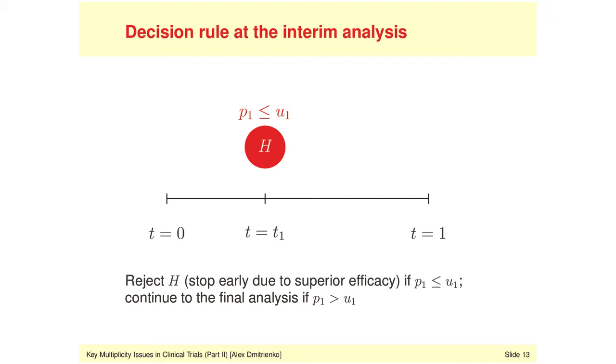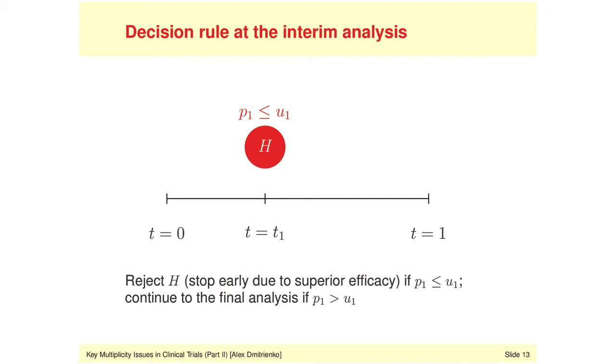If we focus on the p-value scale, then a decision to reject the null hypothesis H and stop the study early due to superior efficacy will be made if P1 is less than or equal to U1. Once again, U1 here is not alpha, it is the adjusted significance level that helps us control the type 1 error rate across the two decision points here.